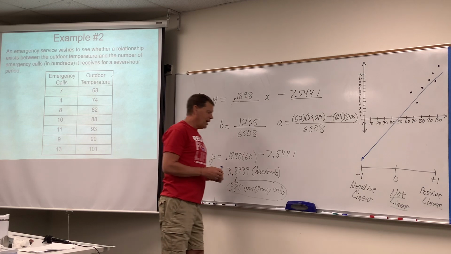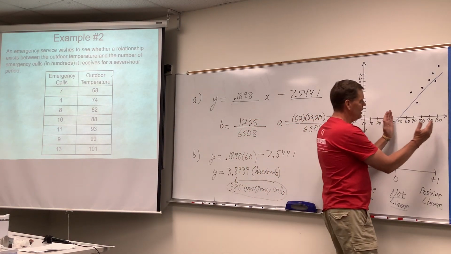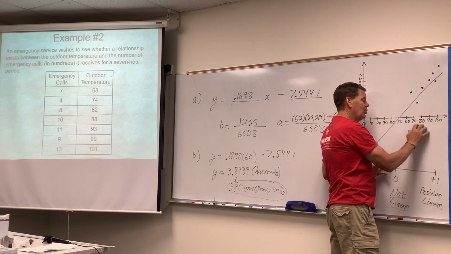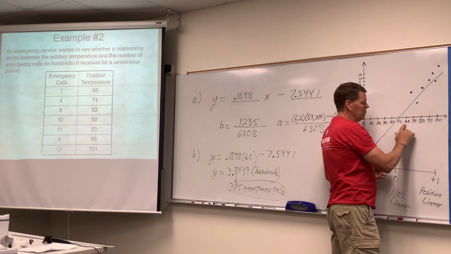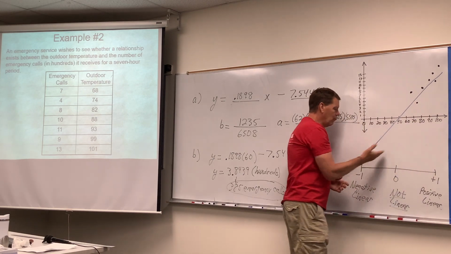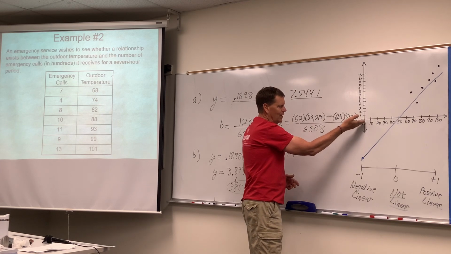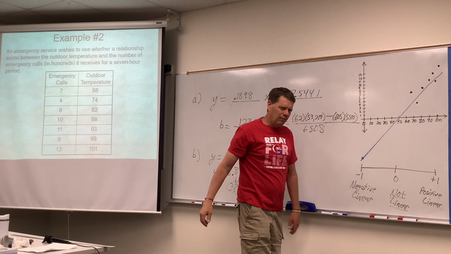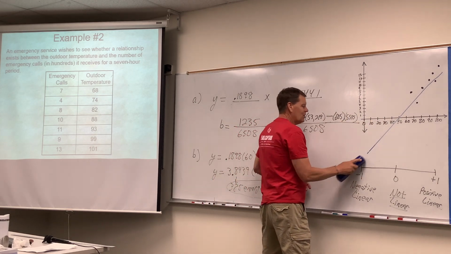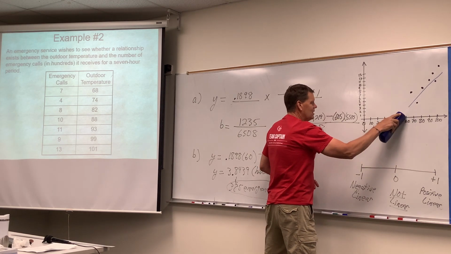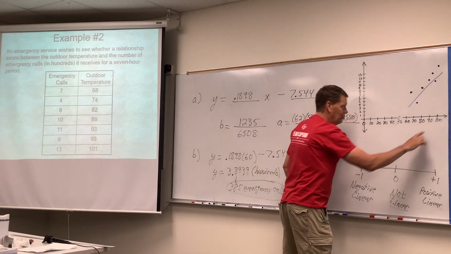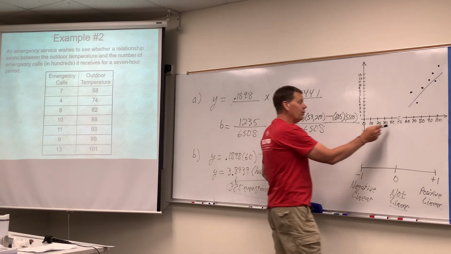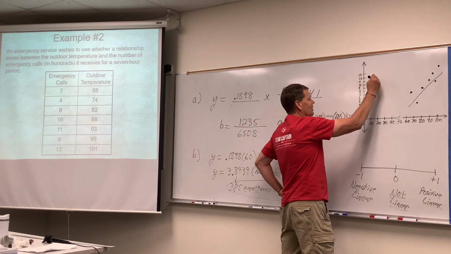This is a good exercise in talking about the fact that the original data, the original temperatures, I would just say that that's only a good model for temperatures, let's say, from 60 and above. And so we're overgeneralizing if we were to come back here to 0 degrees, or 10 degrees, or 20 degrees. See, these temperatures back here wouldn't fit that model very well, probably, would they? And so you have to be careful not to overgeneralize. See, that data only represented certain types of temperatures. I would be willing to bet that if we were to gather information for when it's cold outside, we might have had something like this.